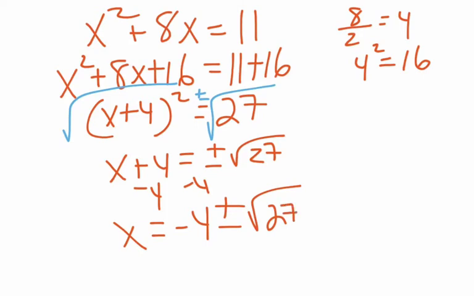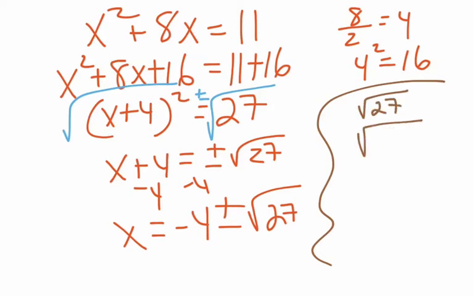To do a quick review of simplifying the square root of 27, I can factor 27 into 9 times 3. The square root of 9 times the square root of 3, well, the square root of 9 is 3. And so you end up with 3 times root 3.